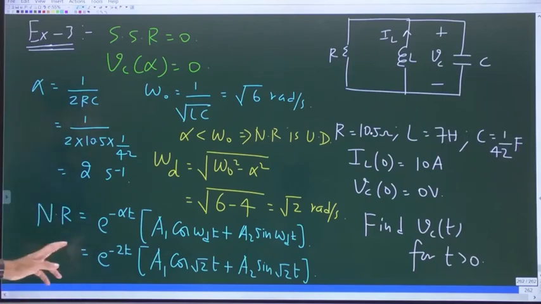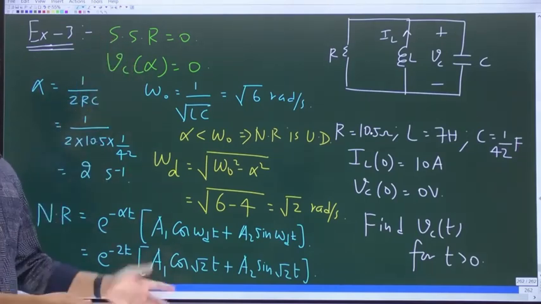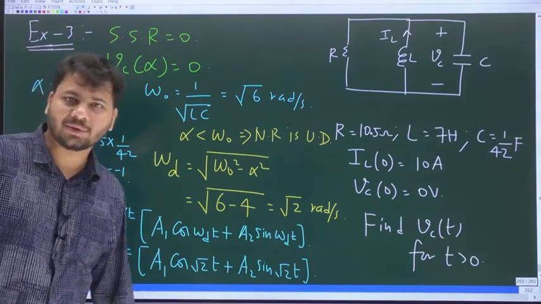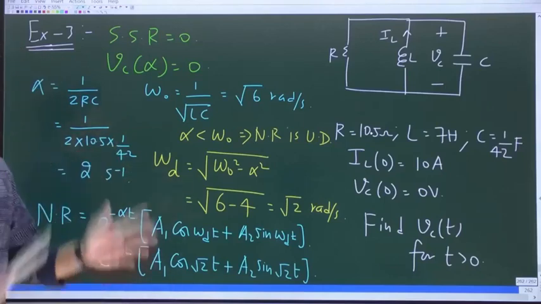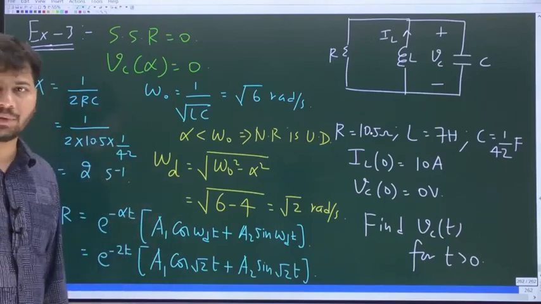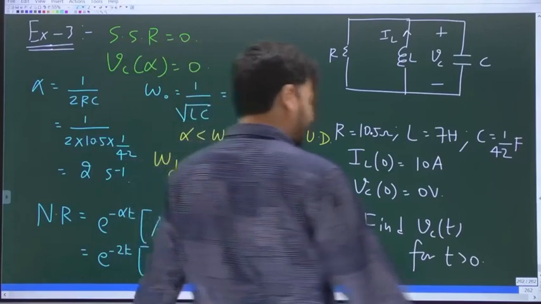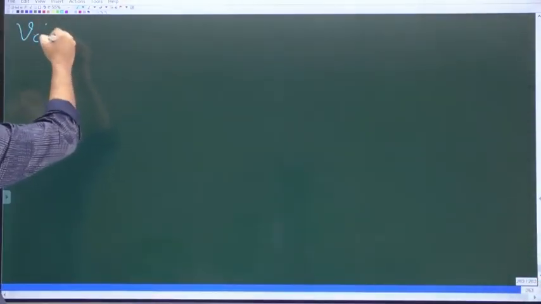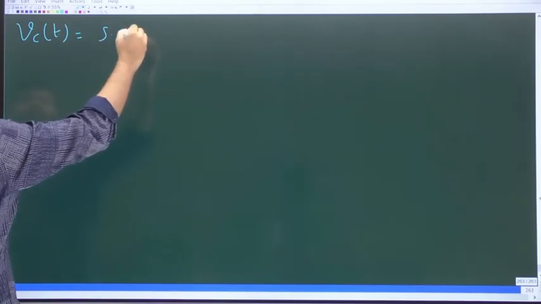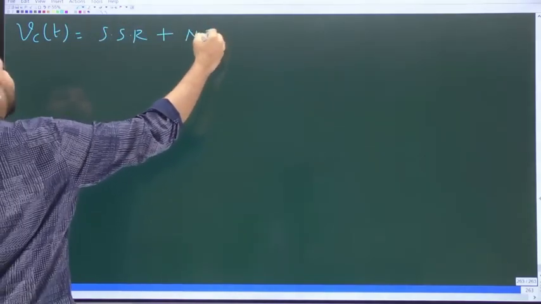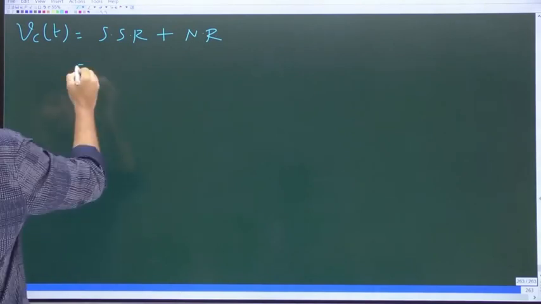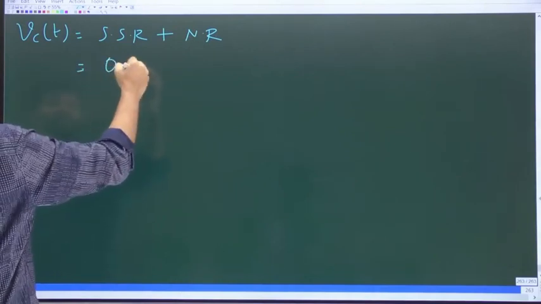So to this natural response, you add the steady state response. In this case, the steady state response is 0. We will get the complete response or the full expression for Vc of t. Vc of t will be equal to SSR plus NR. SSR is 0.